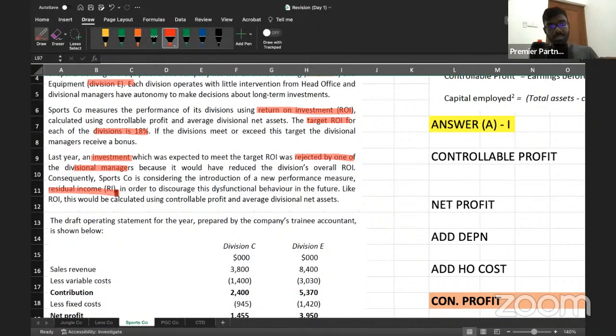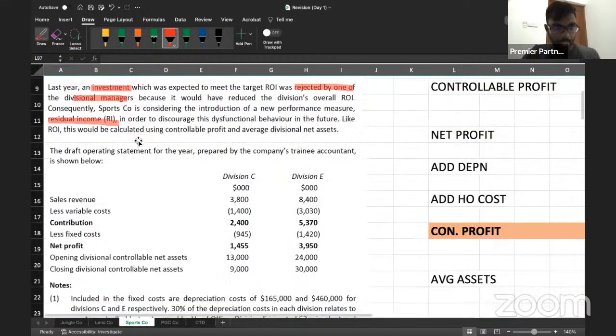If the ROI decreases or if the new investment is not achieving that target ROI, you cancel it. Sometimes managers end up canceling even good projects, really good projects, right? So how do you make the investment decision when you use ROI? You compare the ROI against the cost of capital, no? Right, okay.